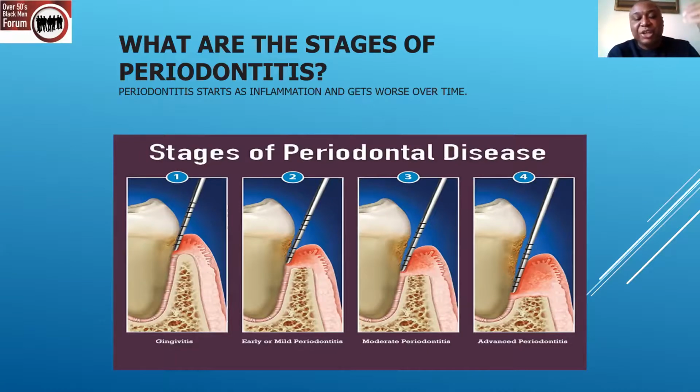In the first stage, you get mild inflammation and you lose about a third of the bone. In the moderate stage, you lose about half the bone that's holding the teeth in place. In advanced periodontitis, you've lost about two-thirds of the bone and you're left with about a third holding your teeth in place.